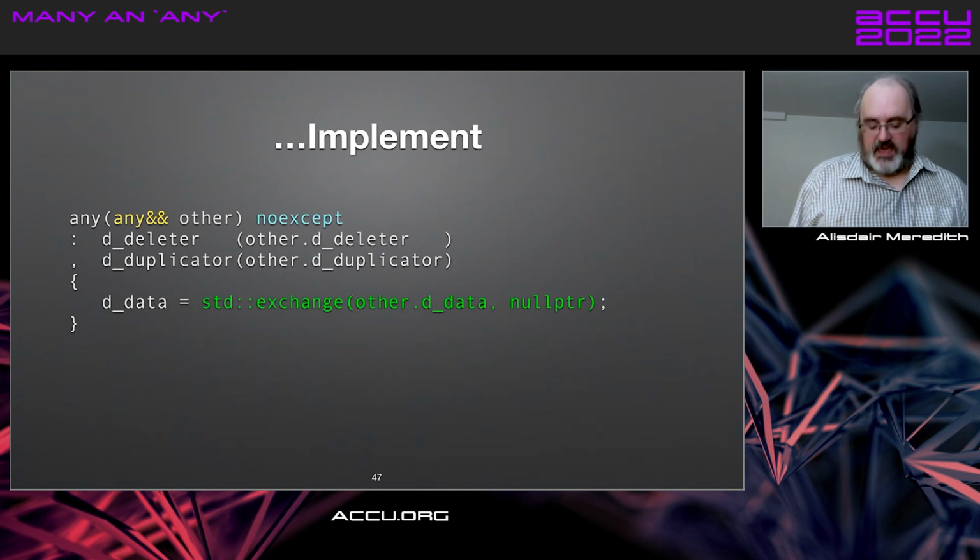And similarly, I will implement the move constructor. The move constructor is noexcept, because it's not going to allocate memory. It's not going to copy any objects other than pointers. There's nothing in here that's going to throw, and that's a guarantee that move constructors in general really like.